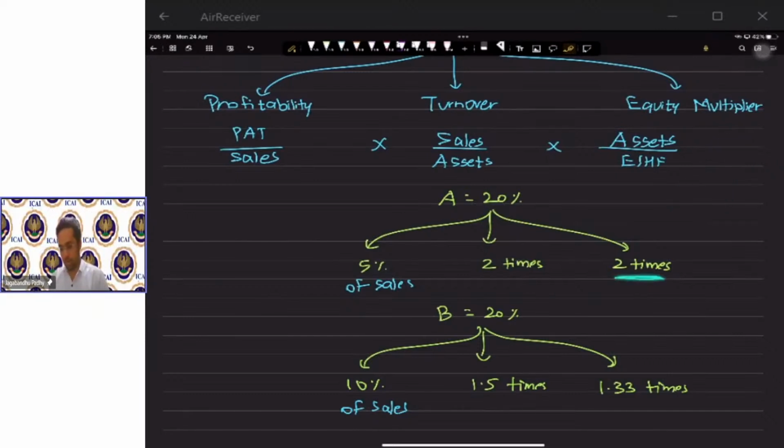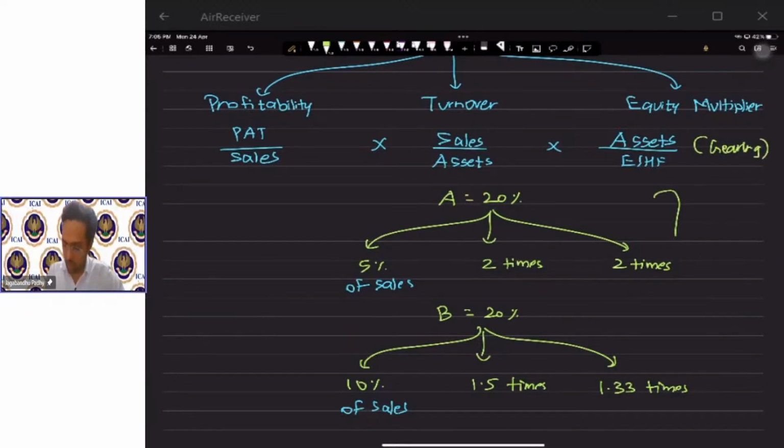So equity multiplier, when you say it is 2 times, that's assets to equity shareholders funds. And here it is lower. So gearing wise, this is like gearing we can talk of.